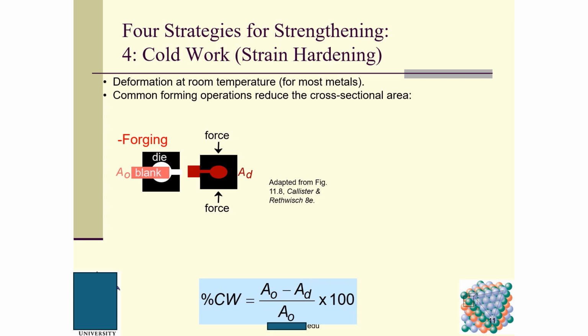We know that, okay? Here, for example, is forging. We have a die, and we have a blank. The blank is raw material, and its cross-sectional area is A0.